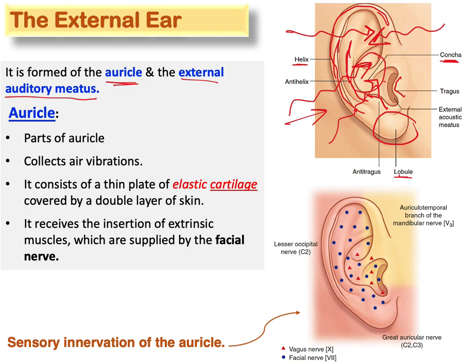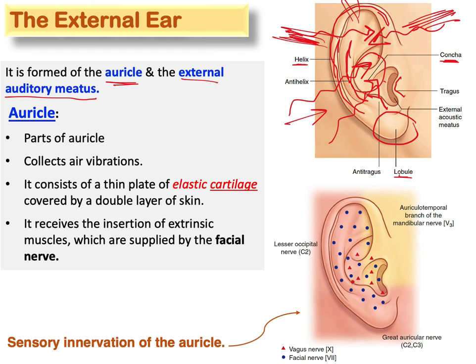As I mentioned, it's composed of elastic cartilage, that's why it's flexible, covered by skin, and in the auricle there is an insertion of extrinsic muscles like the anterior auricular, posterior auricular, and superior auricular. Anyway, these are rudimentary muscles, so they participate in a minor movement of the auricle. You can ignore it. Of course, they are innervated by the facial nerve.